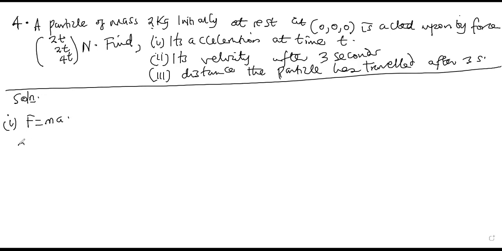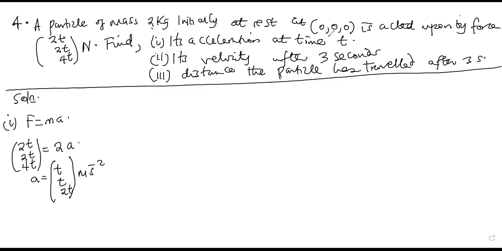So it means that force is equal to mass, which is 2, times acceleration. So acceleration is equal to, we divide by 2, so it will be 2t. That is acceleration.